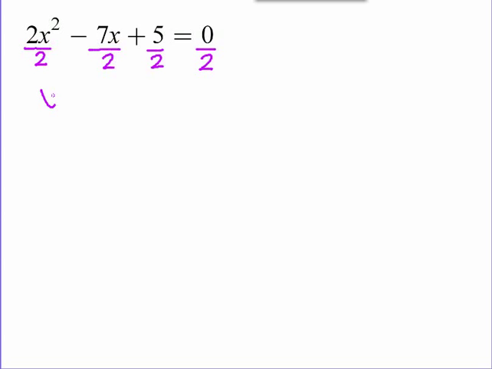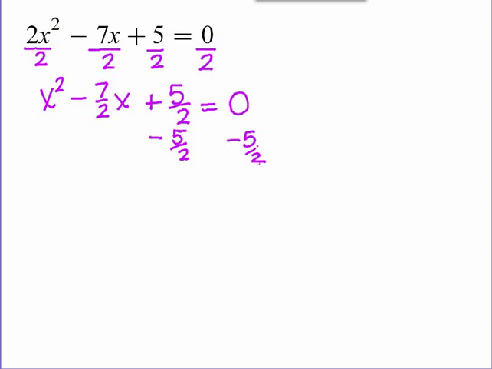So I get x squared minus 7 halves x plus 5 halves equals 0. Now what do I do? Minus 5 halves. So I end up getting x squared minus 7 halves x equals negative 5 halves.